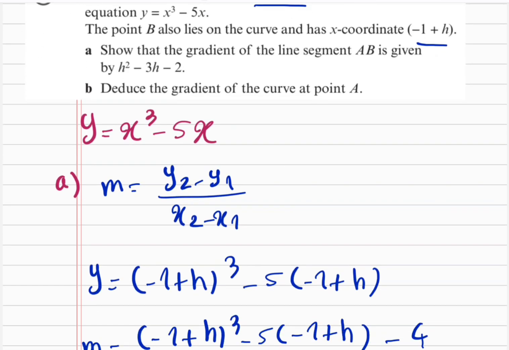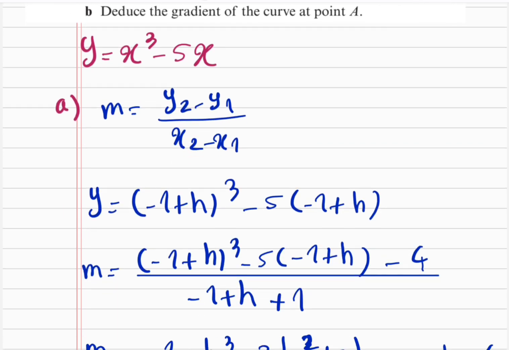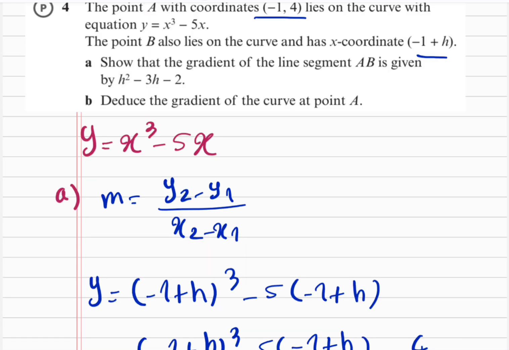And then for part B, we want to deduce the gradient of the curve at point A. For part B, we are expected to use what we have learned in the method of differentiation from first principles.